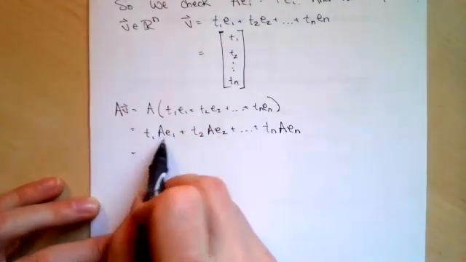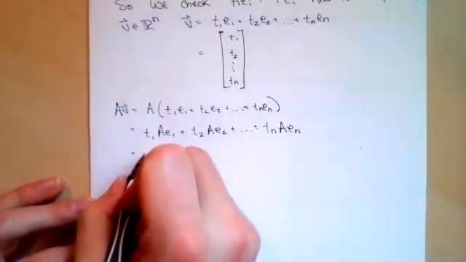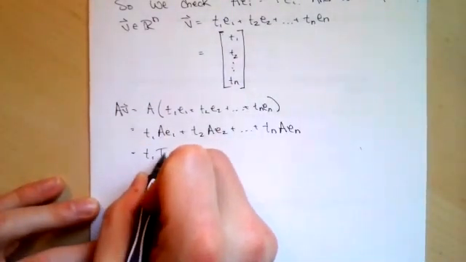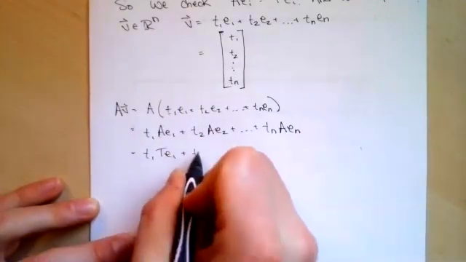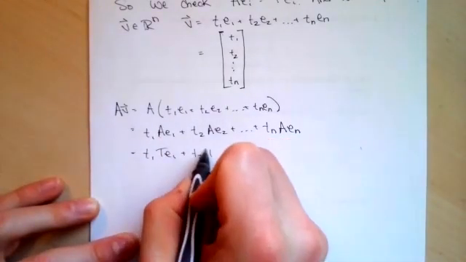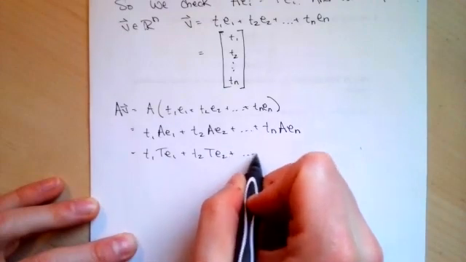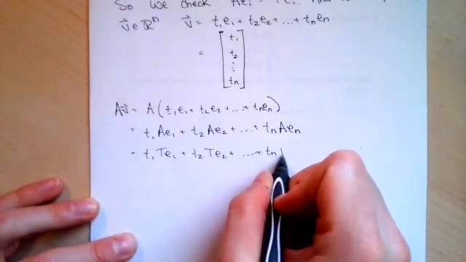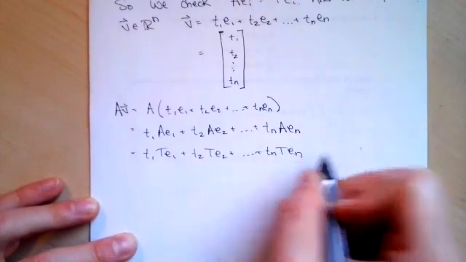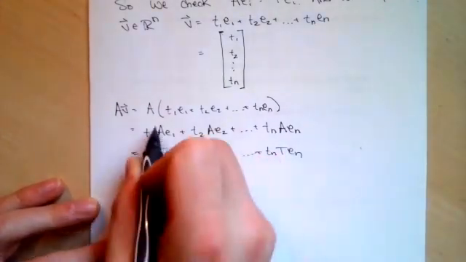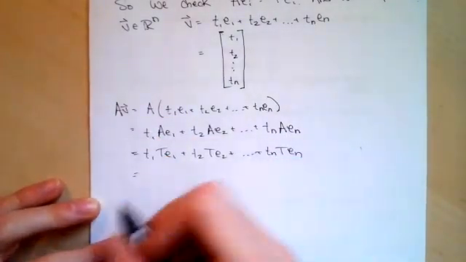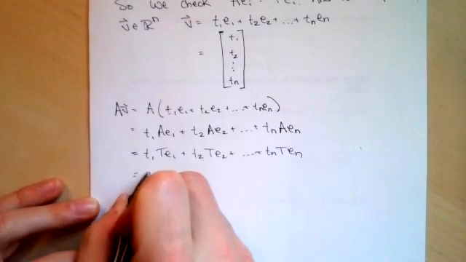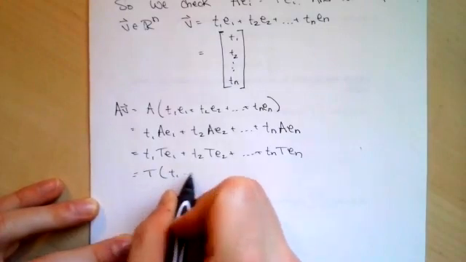If A acting on the basis vectors is the same as the transformation acting on the vectors, well, I can replace those with the transformation, and now we essentially play the same game in reverse.